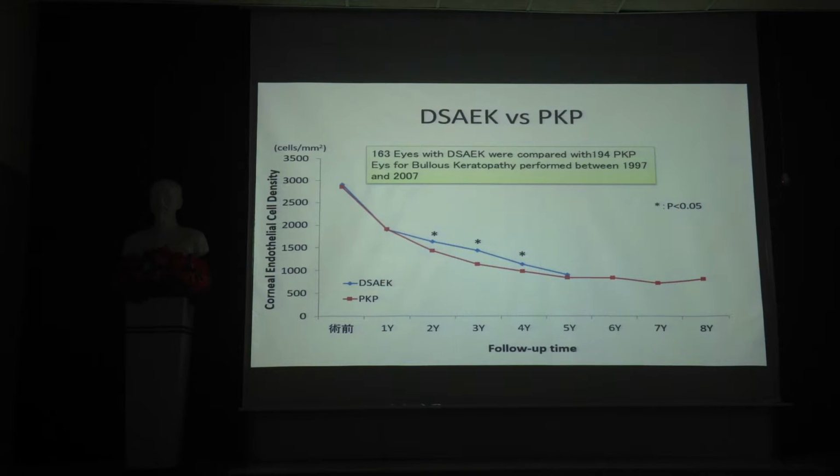When we compare the corneal endothelial cell density of DSAEK and PKP, DSAEK seems to be better than penetrating keratoplasty, but still we're not so sure about that. At least the French study showed us that over a 5 year period after the DSAEK procedure, DSAEK is better than penetrating keratoplasty.